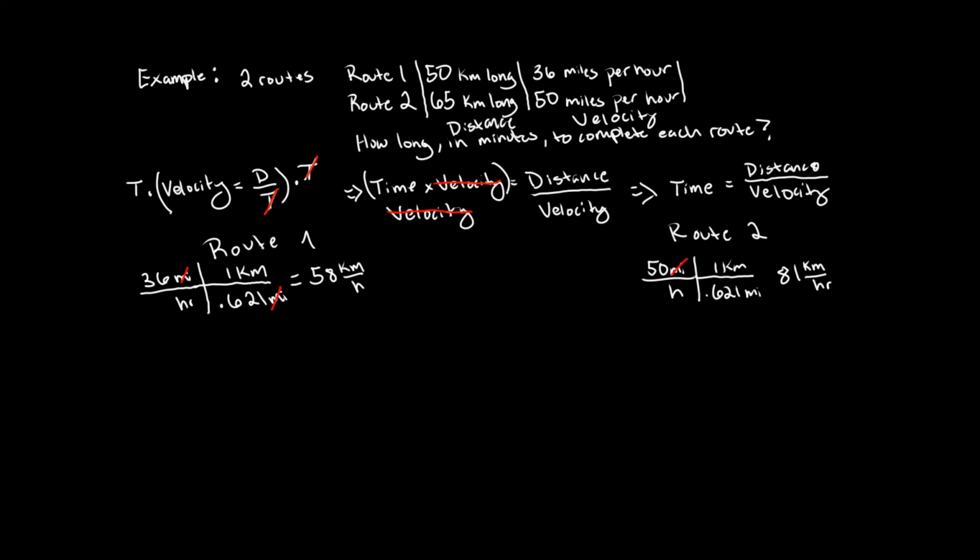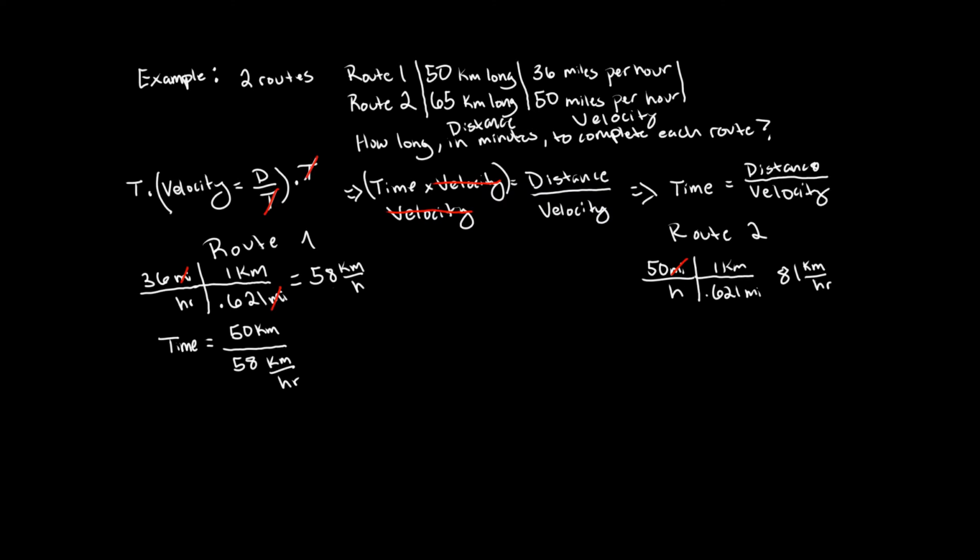So time is equal to our distance for route 1, which is 50 kilometers, divided by our velocity, which is 58 kilometers per hour.